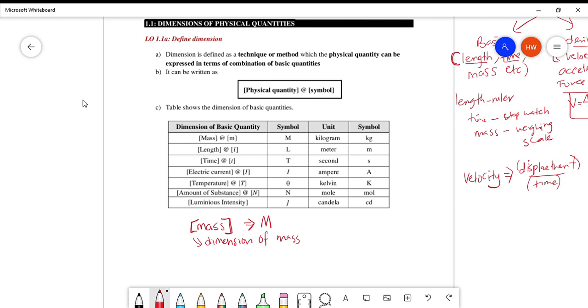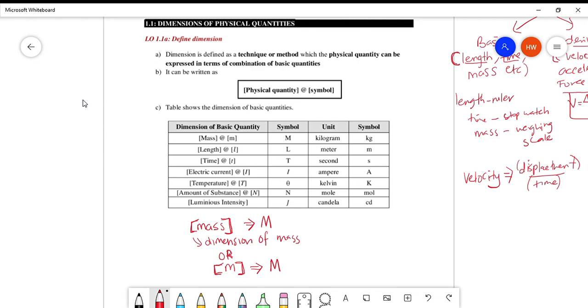Another, simpler way of writing this is using the symbol for mass, which we denote as M. So you can either write it in terms of the word or the symbol for mass. The square bracket here means that we want to find the dimension of mass.